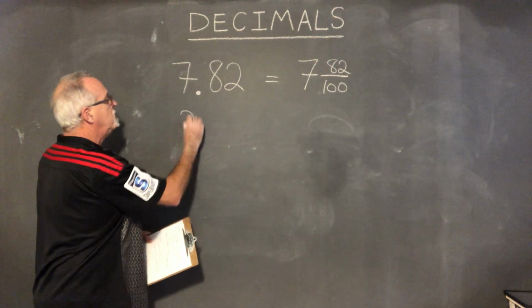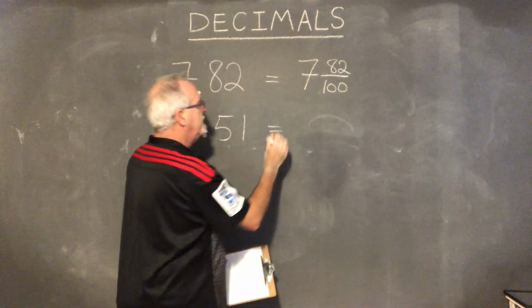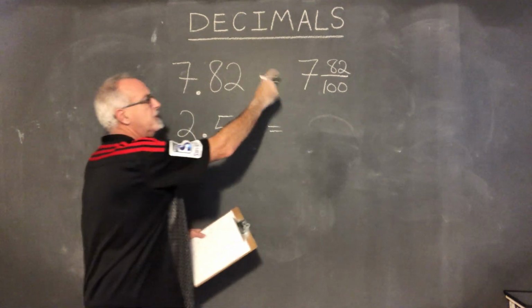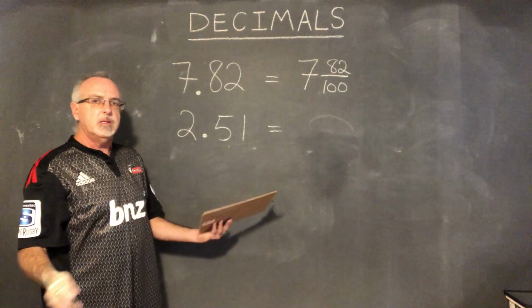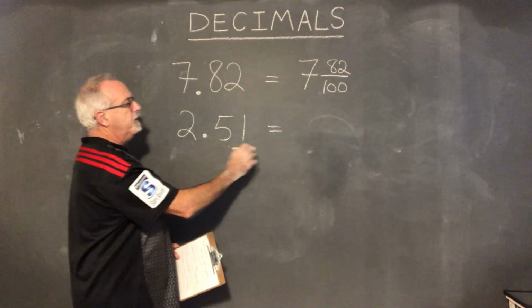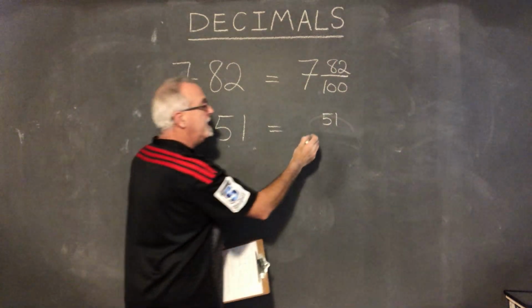How about 2.51? I have a process. I'm following the process. Which order I put the numbers, I guess, is flexible. Once I know what I'm doing, I can be a bit of a show-off and say, I'm going to put the 51 as my numerator right away because I know that's what's going to end up happening. And I'm right.